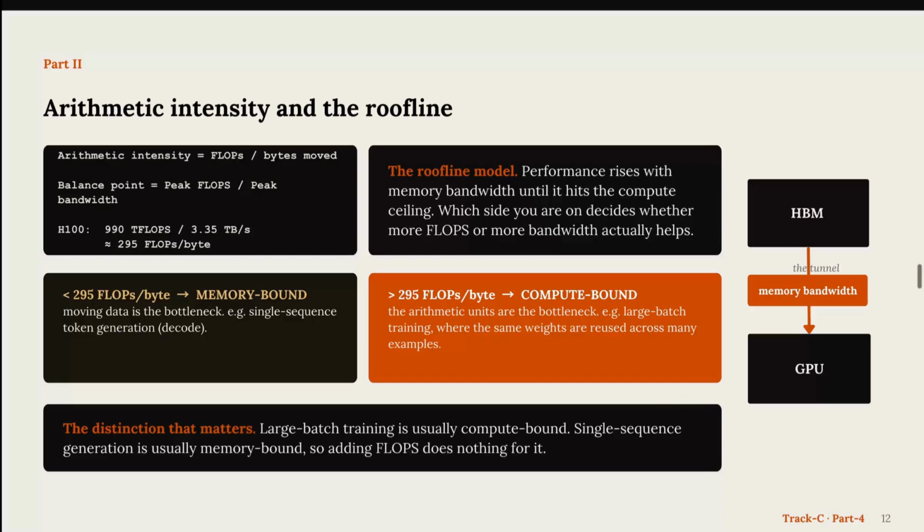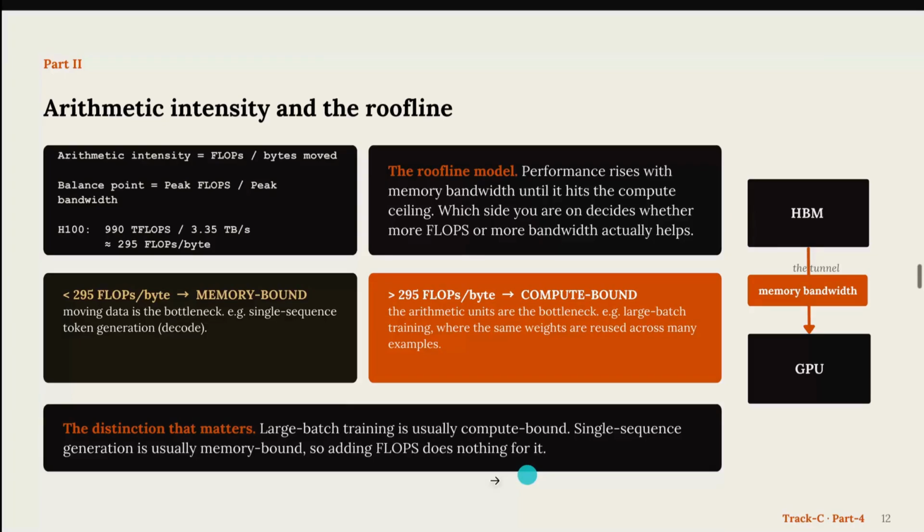So compute is not the challenge there, it's memory. Whereas in training we are passing so much data in parallel, trying to compute hundreds of thousands of transactions. The bandwidth is high, but there is only a limit on the GPU, and that's why it's compute bound. So training is typically compute bound, inference is typically memory bound.